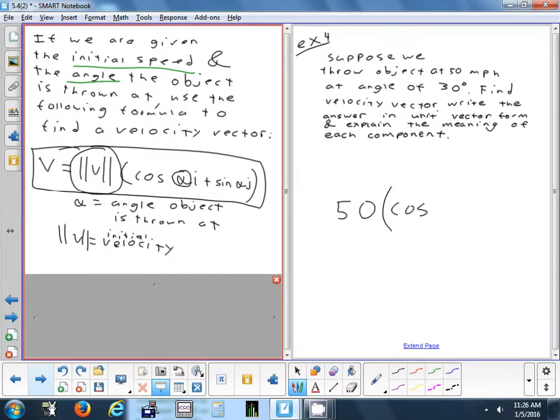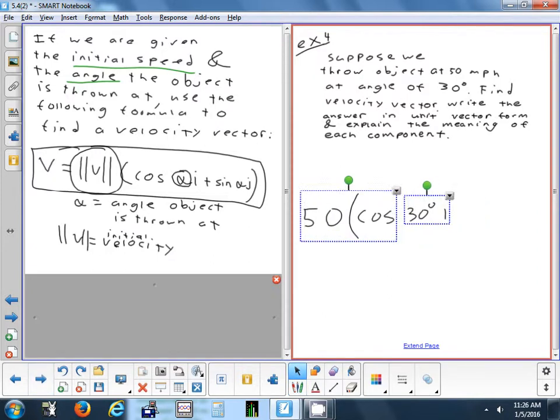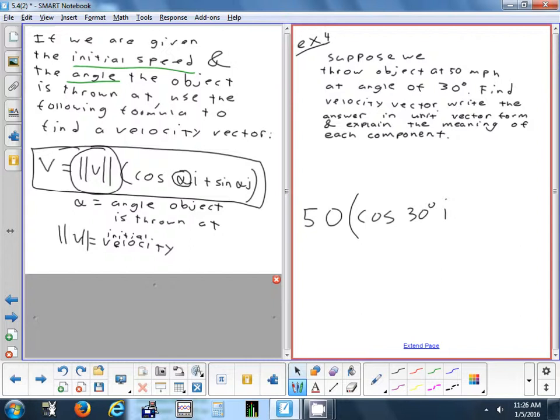Alpha is the angle I'm throwing it at, 30 degrees. That's going to be the horizontal. Plus sine, my angle is the same as before, 30 degrees, j, and that's my vertical.